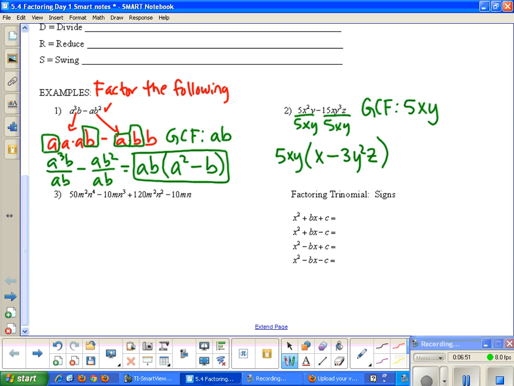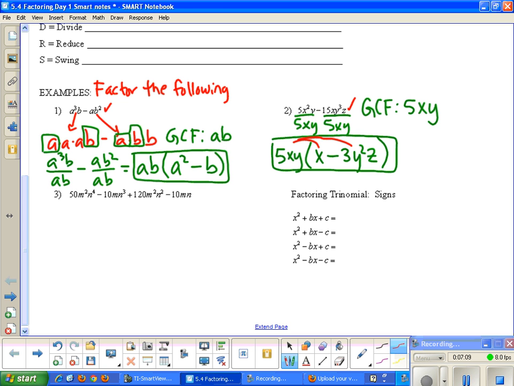And this would be my correct factored form. Of course, if I wanted to check this, I would multiply back through, and I would end up with what I originally started with.